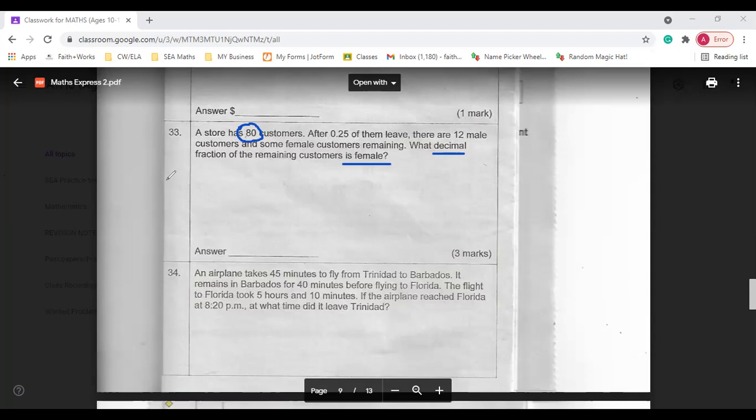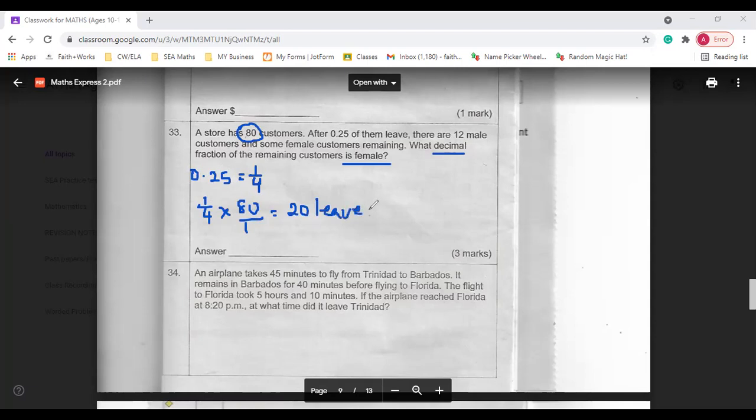So first things first, let's change that decimal into a fraction. It'll be easier to work with. All right, so we change it into a quarter. So a quarter of them leave. So that means a quarter of 80 leave. And that will give us 20 leave.